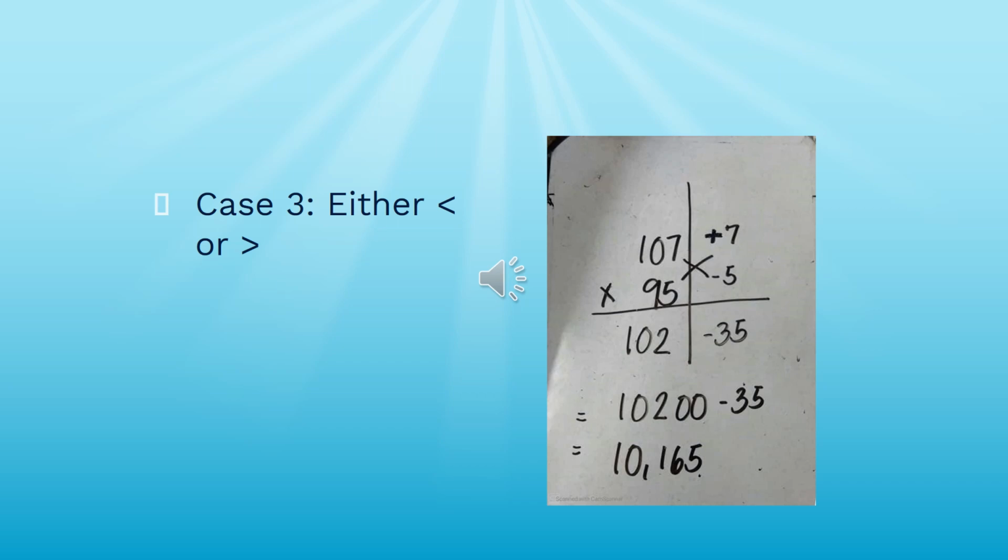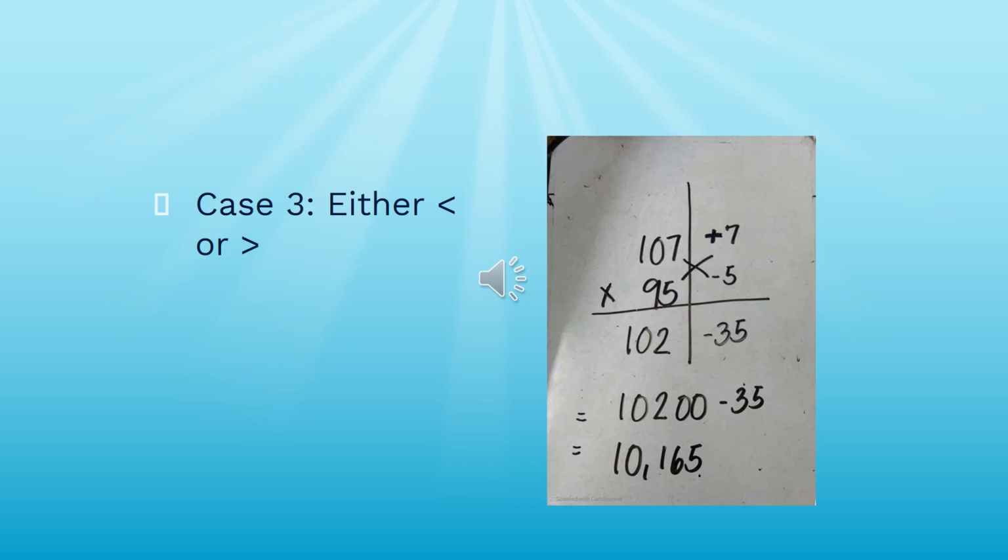Case 3 requires that one of the factors is less than the base, or less than the power of 10, and the other factor is greater than the power of 10. To illustrate this, I have an example here. It's 107 times 95. Still, we need to check the distances from the base.